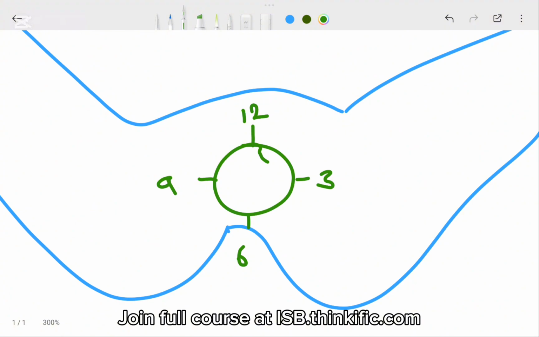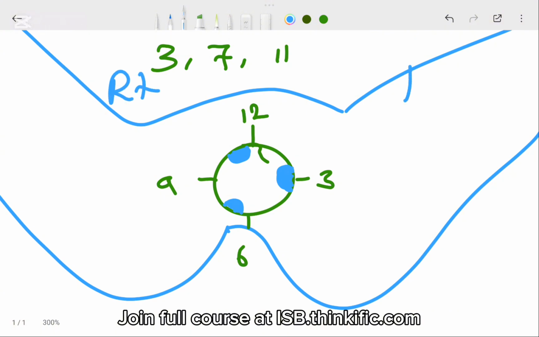Remember 3, 7, 11. There is a main cushion at position number 3, another one at position number 7, and another one at position number 11. 3, 7, 11. Right? This is the patient's right, this is the patient's left.